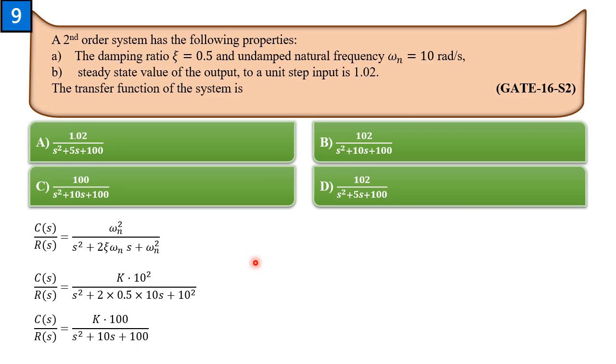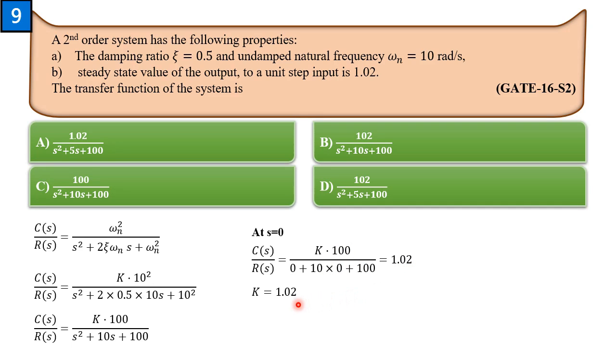Now it says that when s equal to 0, the steady state value is 1.02. So put s equal to 0, it will become 1.02. The s terms will become 0, 100 and 100 will get cancelled out, so k will be 1.02.